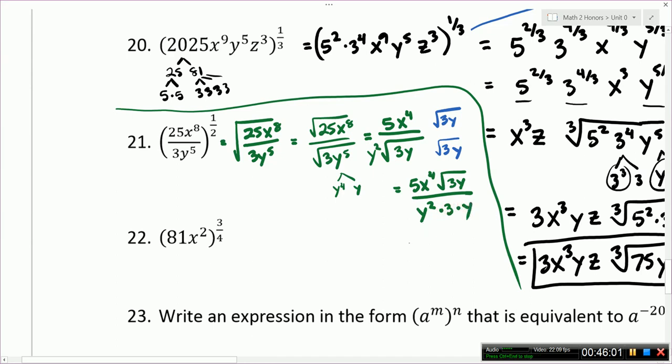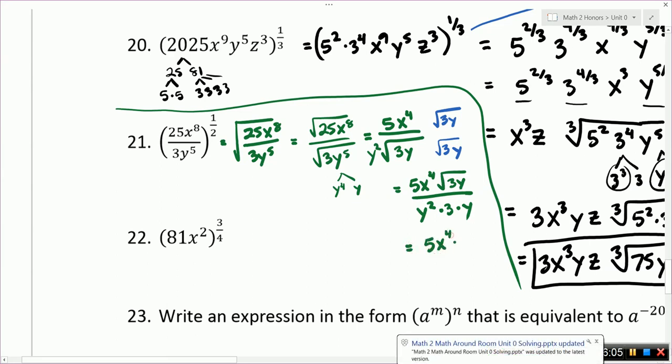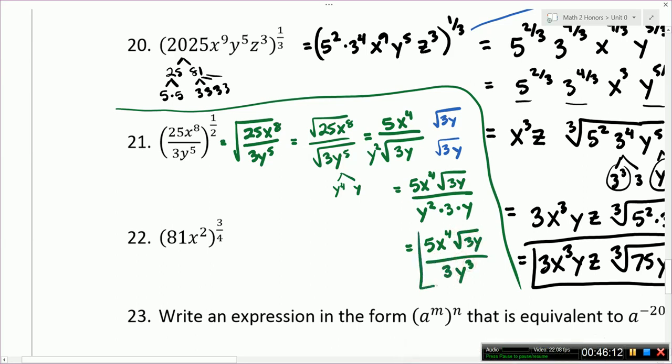Simplify that denominator a little bit. 5x to the fourth square root of 3y all over 3y to the third power. That's as much as we can do.